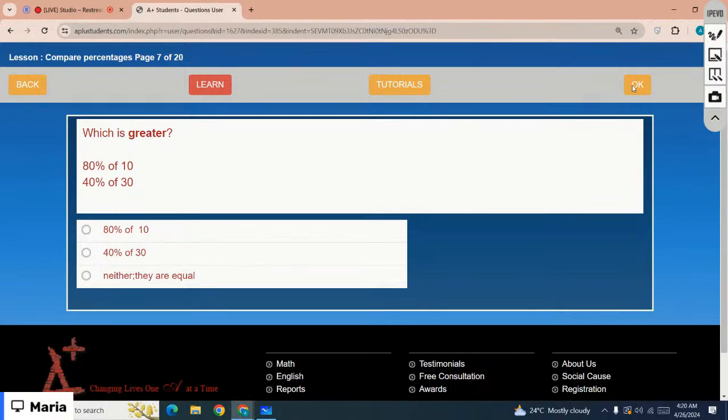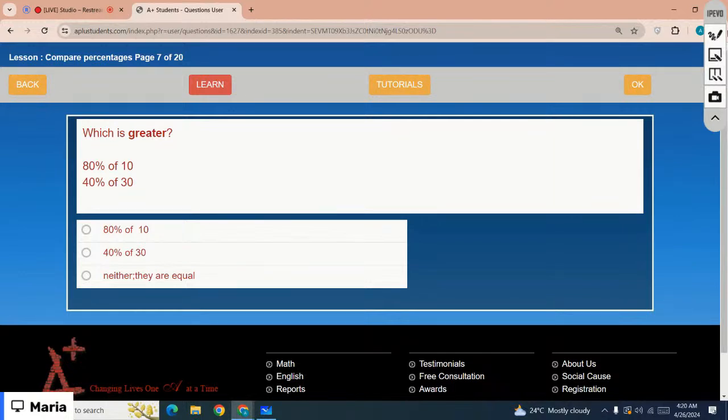Which is greater? The second one is the correct option.